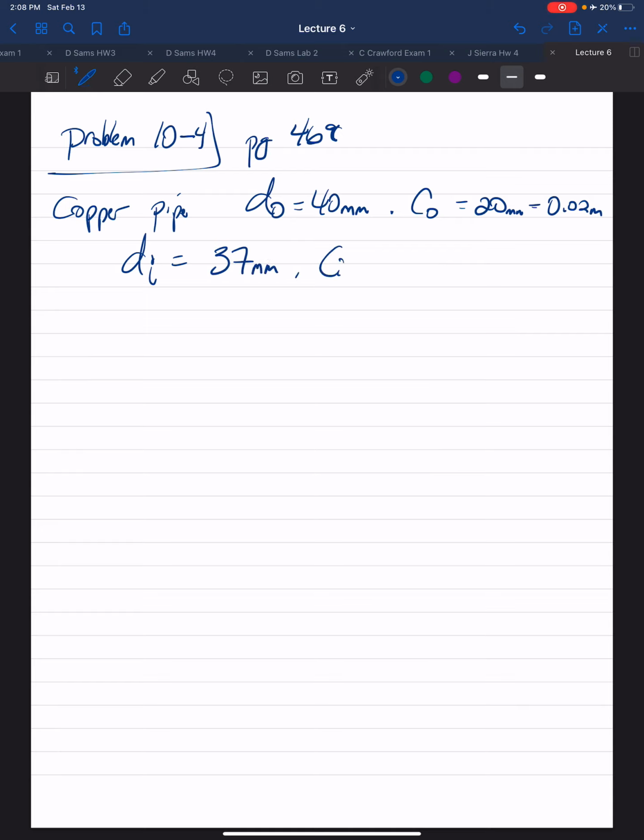So our inner radius is 18.5 millimeters, which is 0.0185 meters. And the pipe is subjected to the three torques.